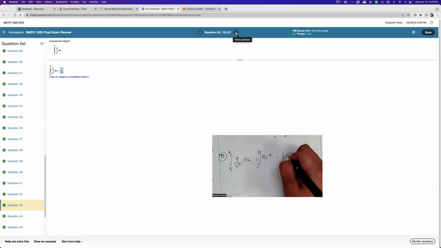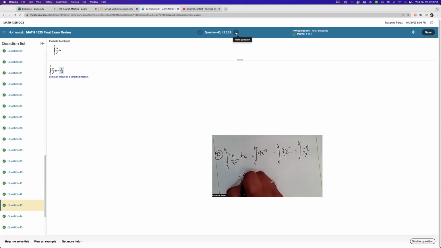Our result is going to be 9x to the negative 1 over negative 1, which becomes negative 9 over x, from 5 to 6. So negative 9 over 6 minus negative 9 over 5, which is going to give us 3 over 10.